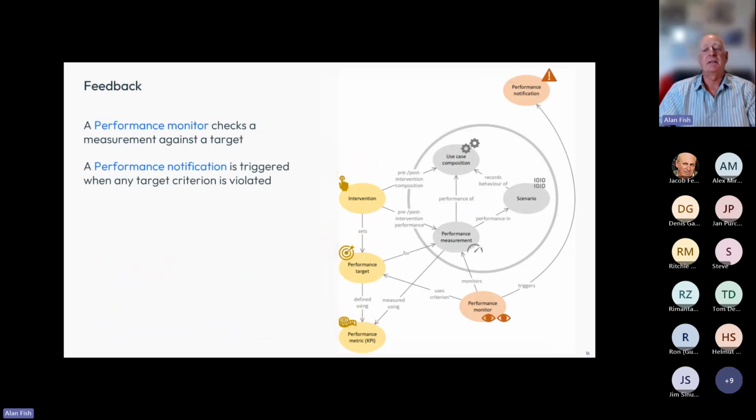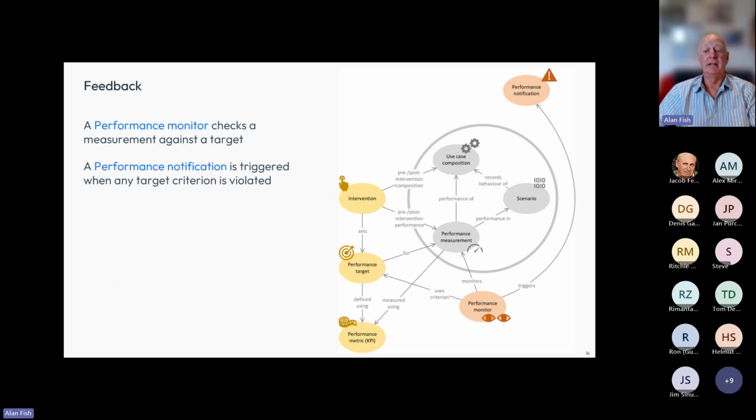Okay, so now we've defined our performance targets for our compositions, we can monitor them. So I've got a thing here called a performance monitor. What it does is it checks the performance measurement against the criteria which the user has defined in the performance target. Simple as that.